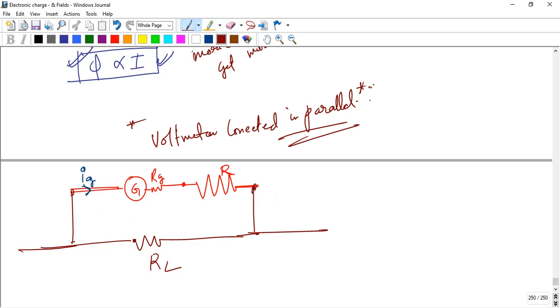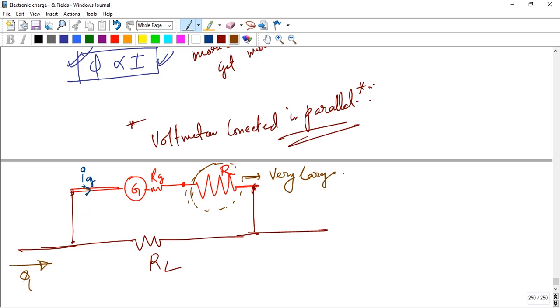Load resistance. Now here, very important: if there is a circuit current I, and that resistance is a very large resistance, we choose it to be very large.